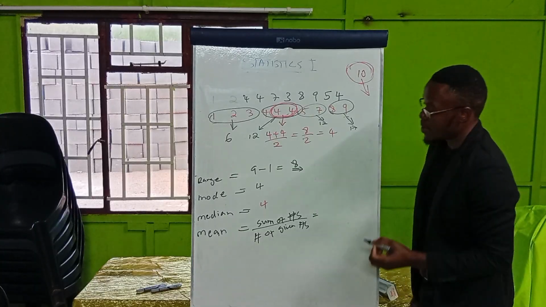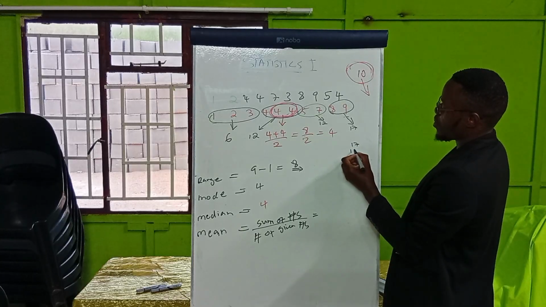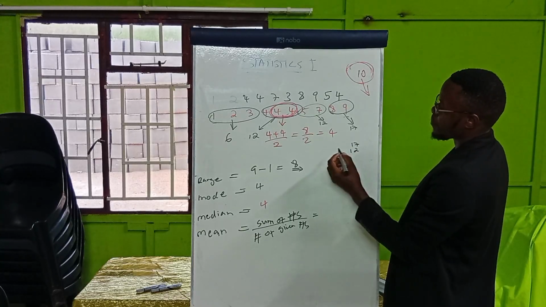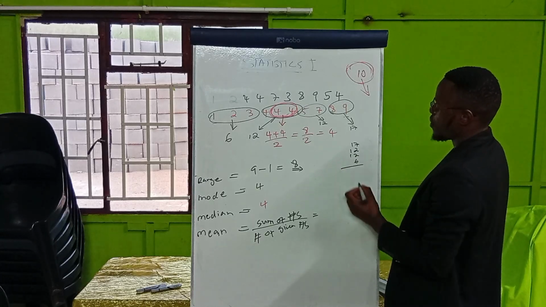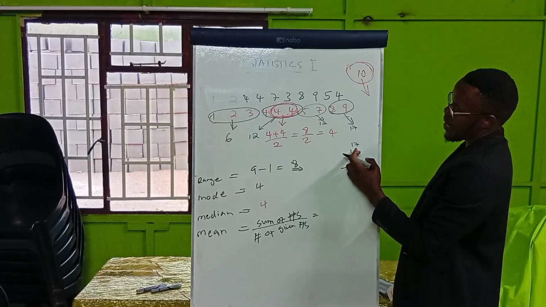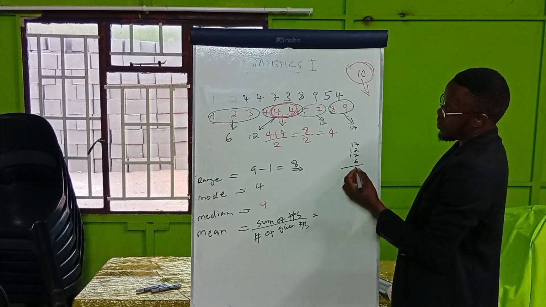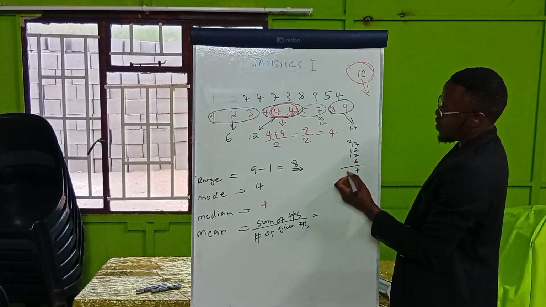So that means the mean will be 17 plus 12 plus 12 plus 6. So notice that this would be 6, 8, 10, 17.